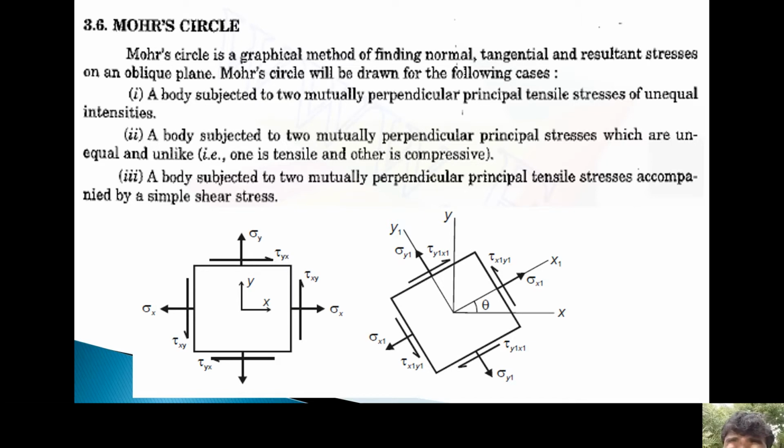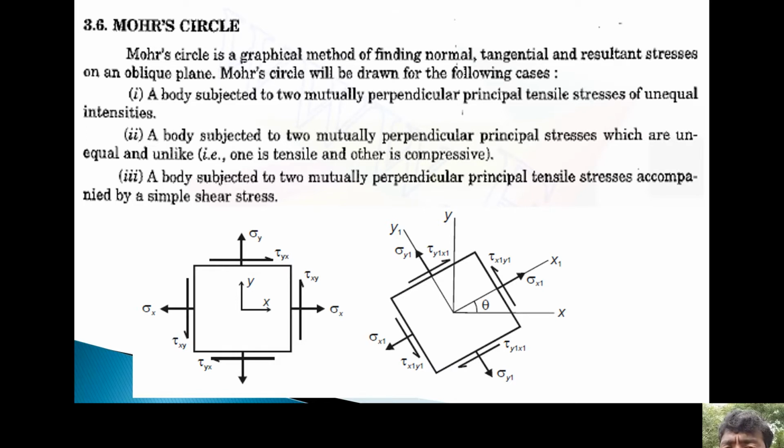Two figures are available in your slide. The first figure is the cube, on which we apply normal stresses and shear stresses. The horizontal direction is x and the vertical direction is y.